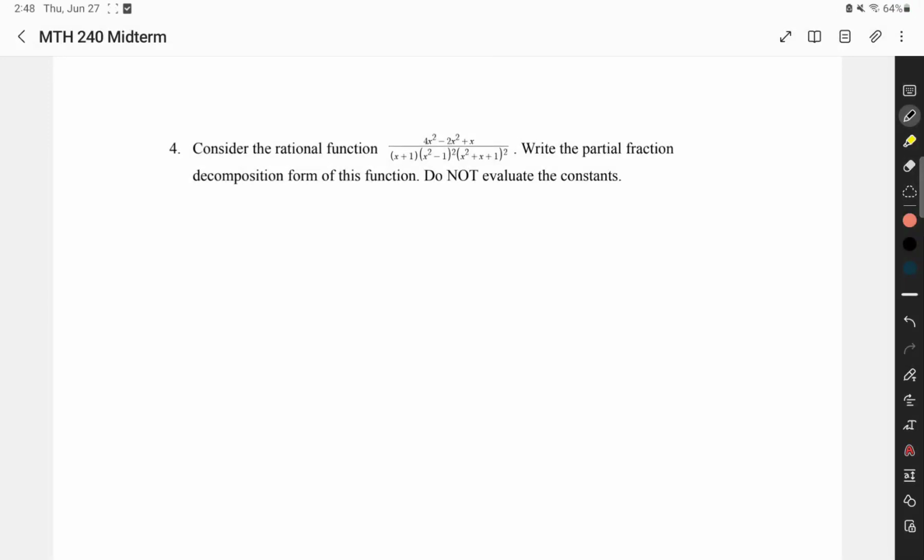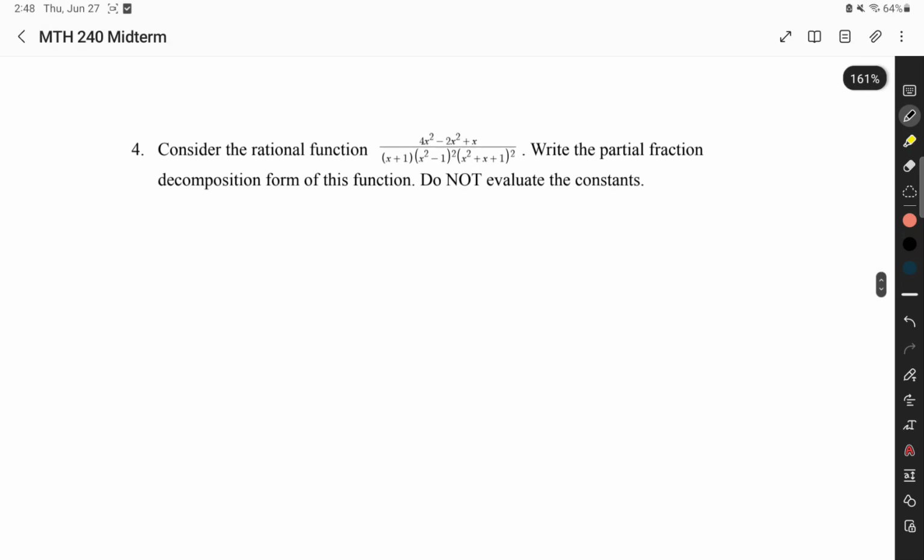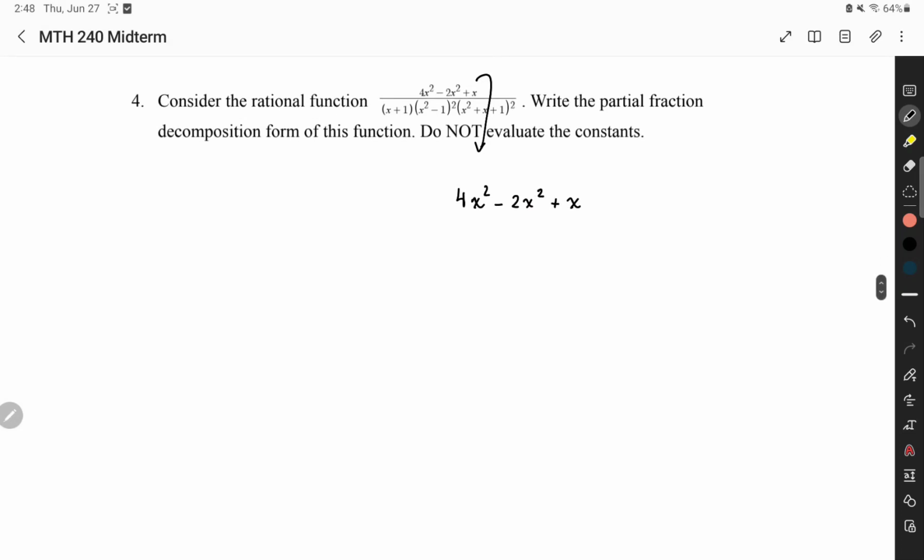So now this is question 4, and we're going to have to use partial fraction decomposition just to break this function down. We don't need to evaluate the constants, so let's go ahead and do this. First, we can notice that the numerator says 4x squared minus 2x squared plus x. So we can rewrite 4x squared minus 2x squared, that's 2x squared plus x.